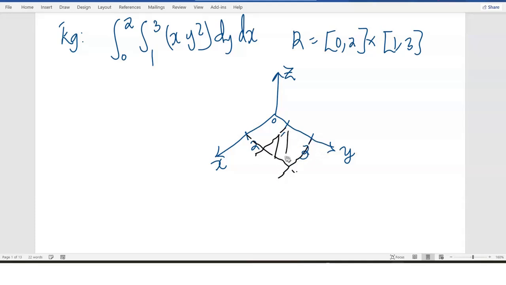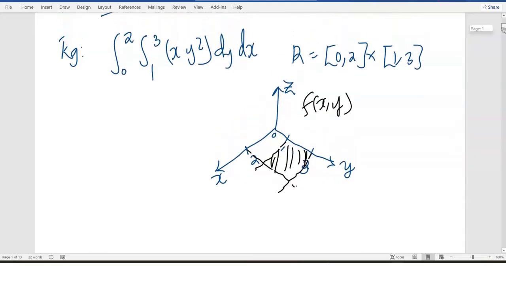If I move it up by integration, because up we are talking about f of x, y, it's what is going to give us z. So if we integrate over this rectangular region, then as we go up, we'll get a volume. So let's move ahead and deal with this problem.